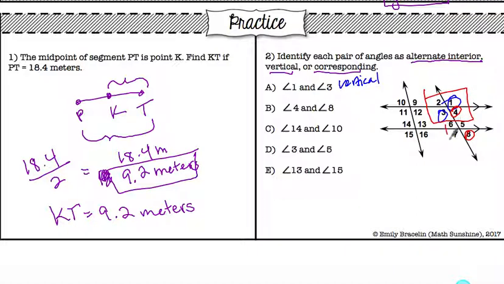If you consider these look kind of like window panes, 4 and 8 are in the same lower right position. They are corresponding. Angle 14 and 10 are in the same position if you consider these look like window panes. These are corresponding.